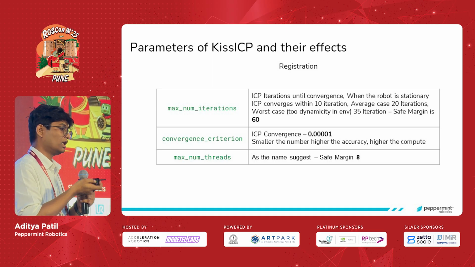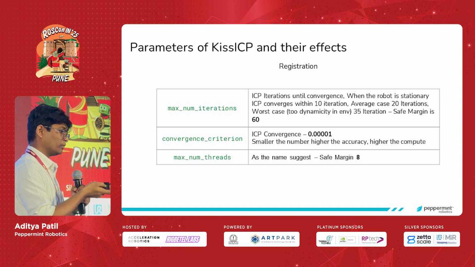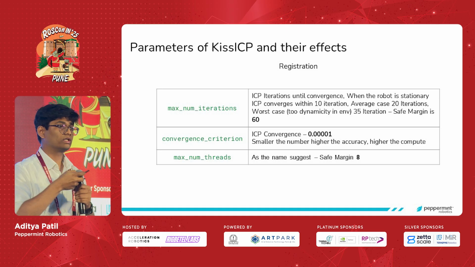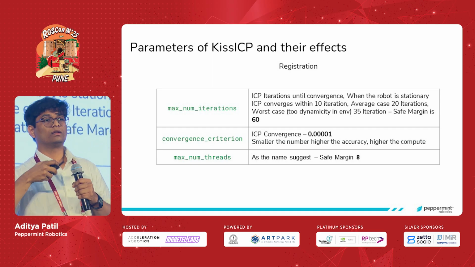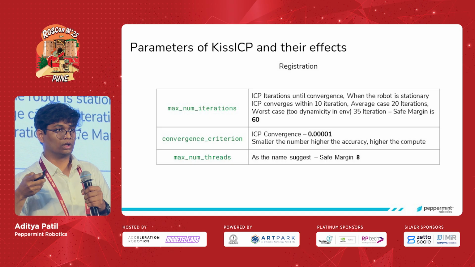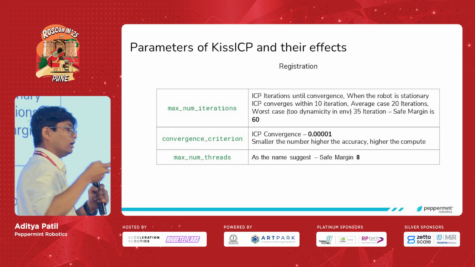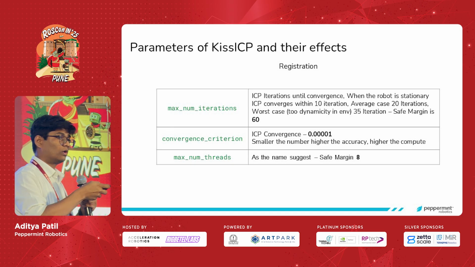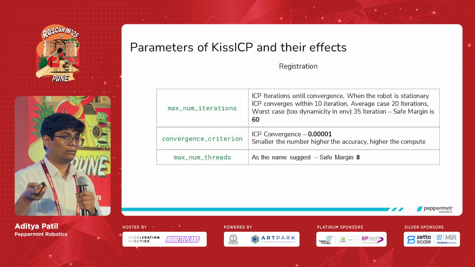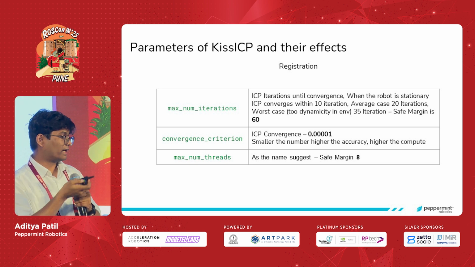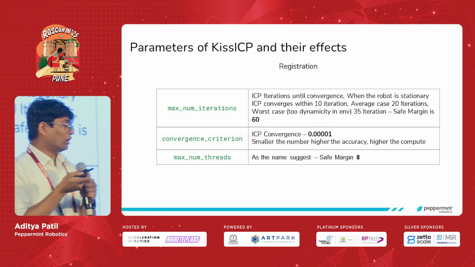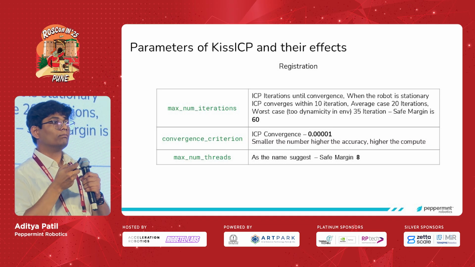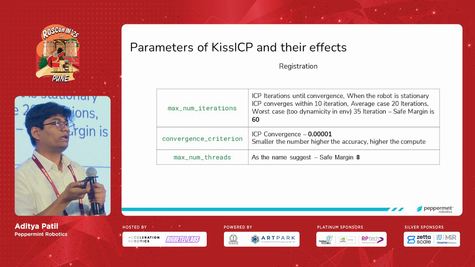And then we have registration. Max number of iterations defines how long the ICP algorithm keeps iterating to get the correct transformation between the local map and the PCL. And we have the convergence criteria and max number of threads. Convergence criteria defines how good you want the transformation to be.